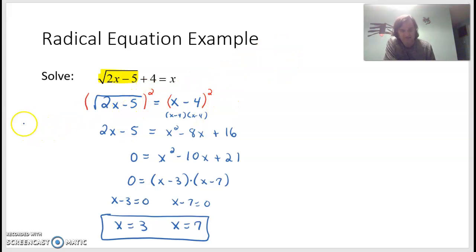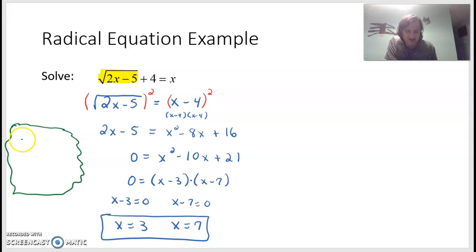Let me off to the side here explain why I need to check these. Keep in mind, I could write any two things down that I want. I could say negative 2 equals 2, which is a completely false statement. It does not make any sense. It's not true.